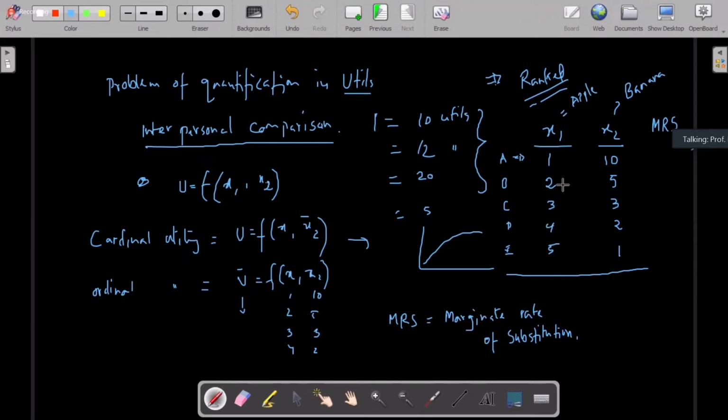So when you are increasing the number of X1, you are substituting X2. That's why it is called marginal rate of substitution. Let me correct this. Marginal rate of substitution.